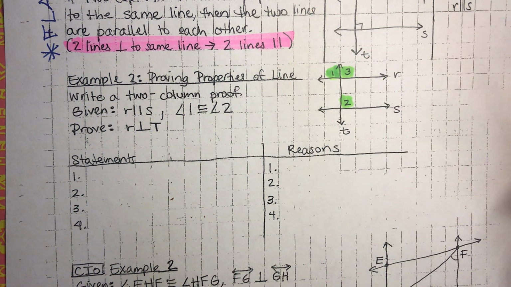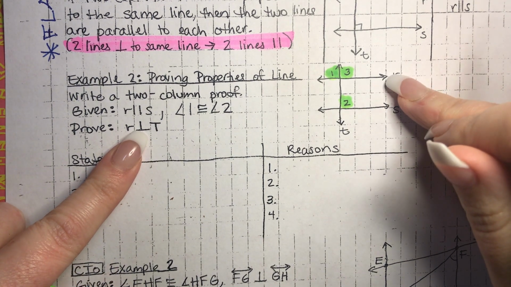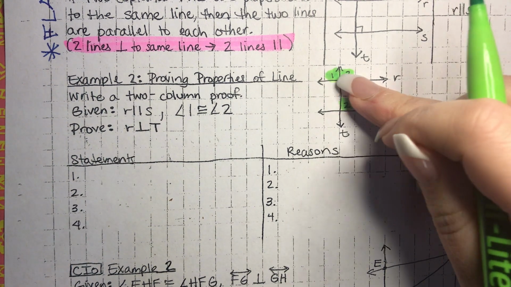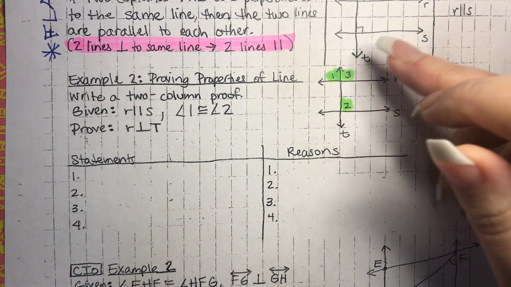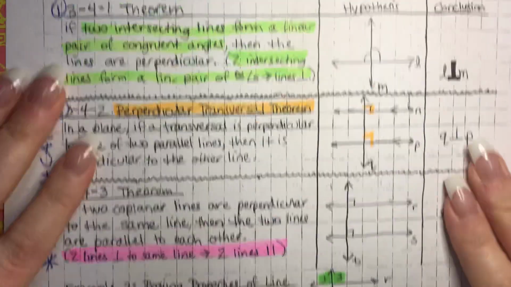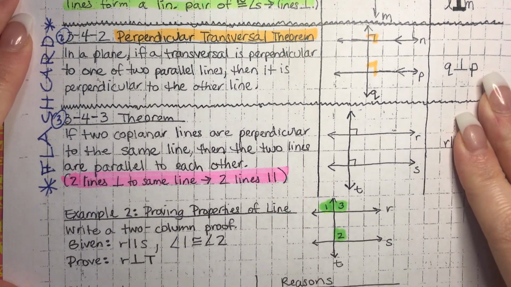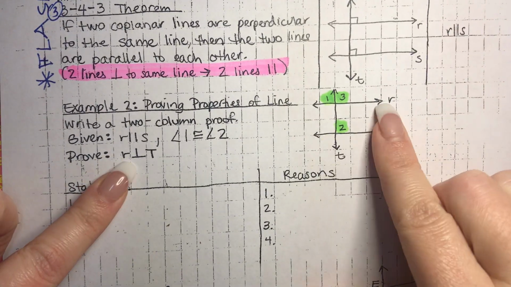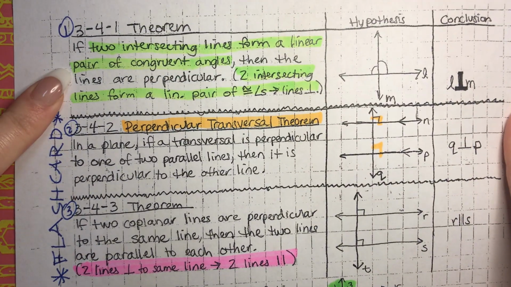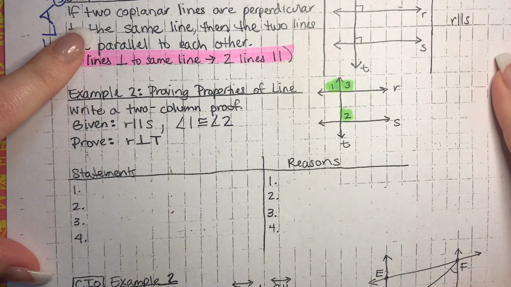Okay? So remember, what are we trying to do? We're trying to prove that R is perpendicular to T. So what do we see? We see that we have 1 and 3, which are both green, which means they're both congruent. So which of these theorems are we going to use? Which is the one that unlocks the door to prove that R is perpendicular to T? Is it theorem number 1, theorem number 2, theorem number 3?